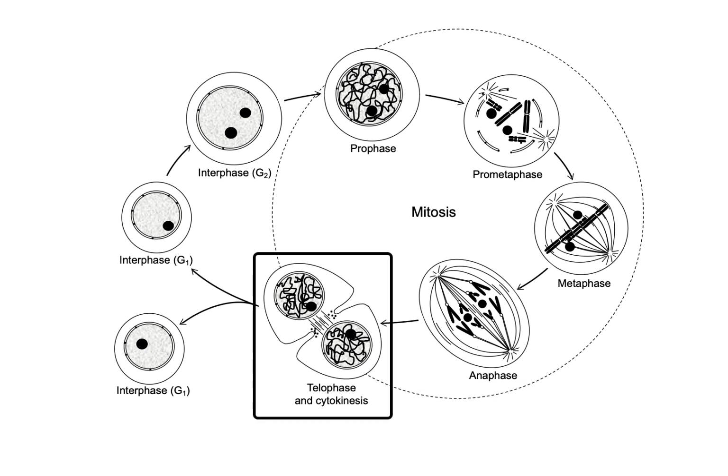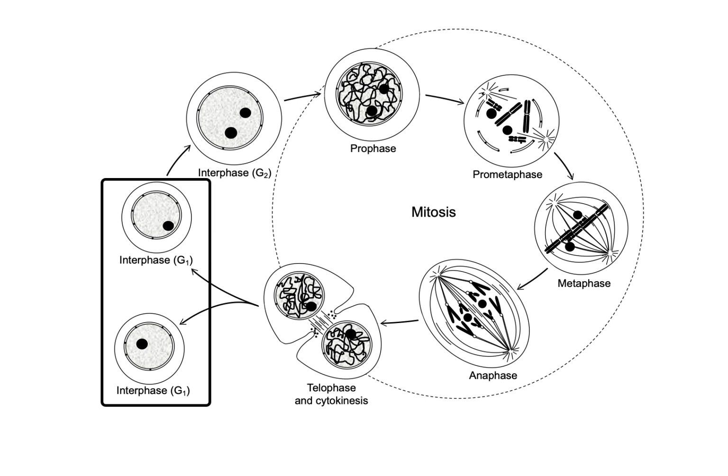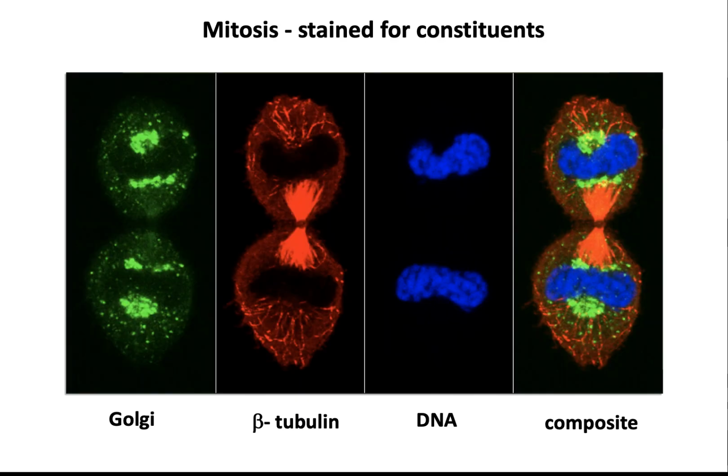In telophase, the cells are being pushed apart a little further, the nuclei are reforming, and the chromosomes are decondensing. And finally, you get cytokinesis, where the cells are completely separated, and they're back into the G1 phase, where they're diploid cells.